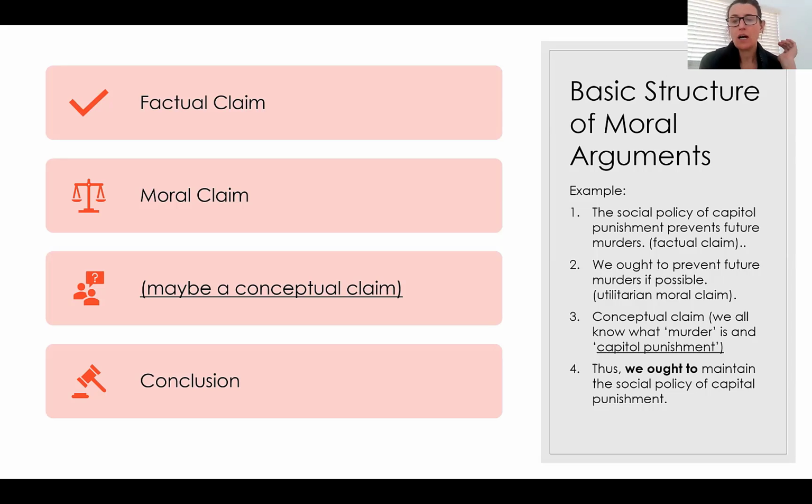Now, I'm just using this as an example, okay? But look at all the parts here. If I were to argue against this argument, I would have to find something wrong with one, two, or three of these premises. Okay, three is not really a premise. It's where we would define the term.